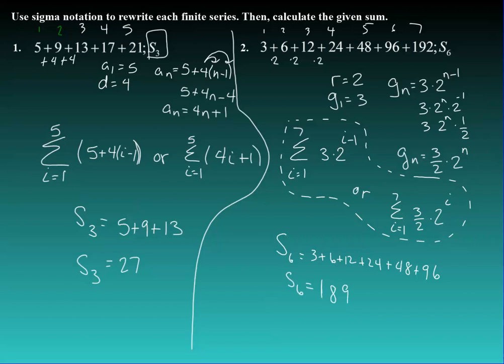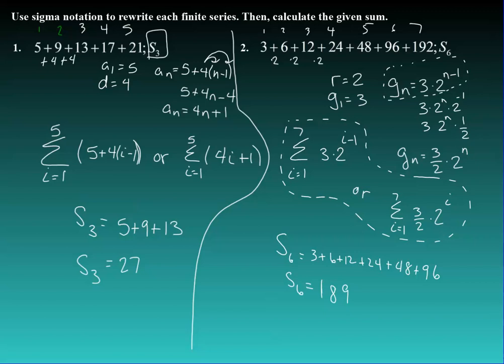Okay, so hopefully you noticed that we're multiplying by 2 every time. The first term is 3, so you can see that I found my geometric sequence first. You can rewrite this geometric sequence so that it doesn't have n minus 1, but just an n in the exponent, so that puts it in exponential form.